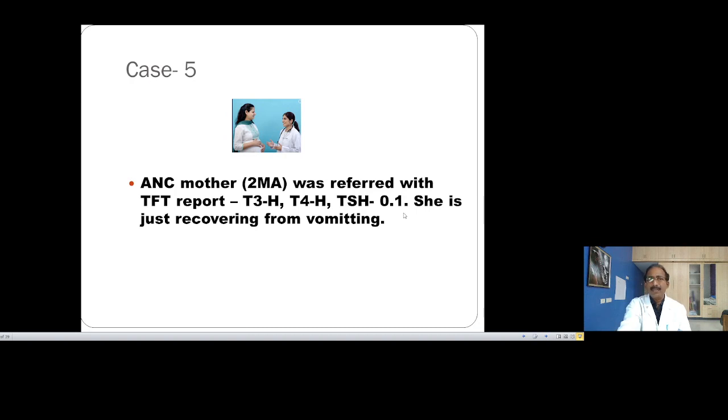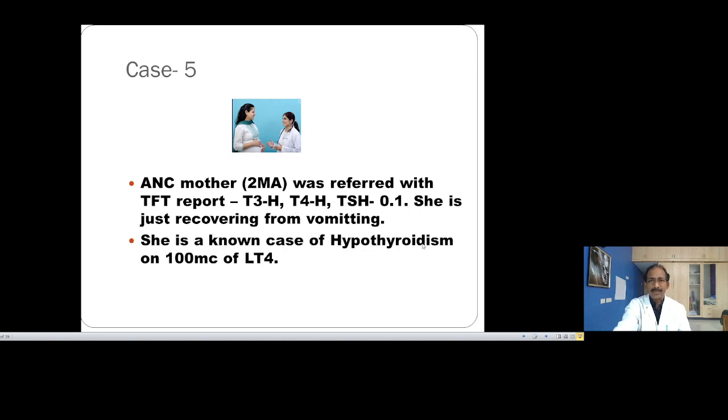Again, an ANC mother at 2 months amenorrhea was referred with a TFT report of high T3 and T4 and low TSH. It looks like hyperthyroidism, right? Anyway, she is just recovering from vomiting. Obviously, in the first trimester, there can be increased vomiting, sometimes hyperemesis.